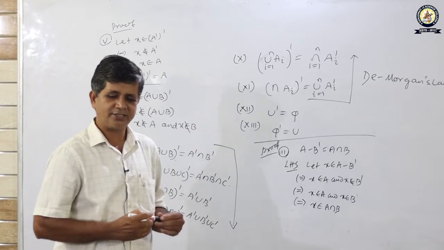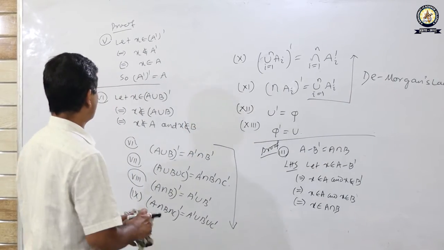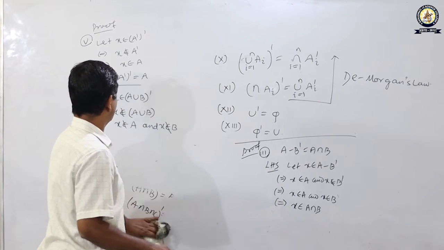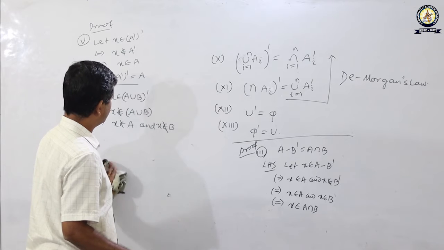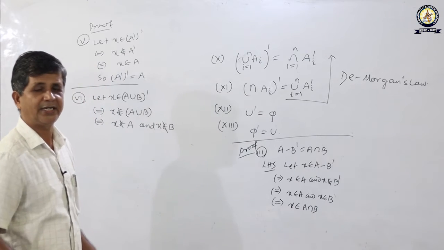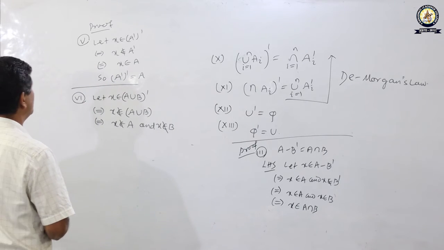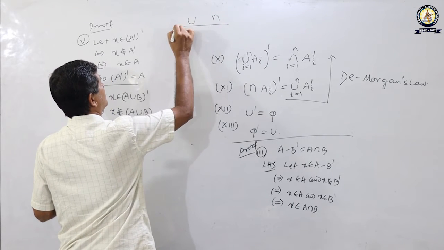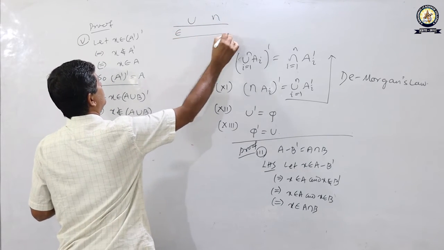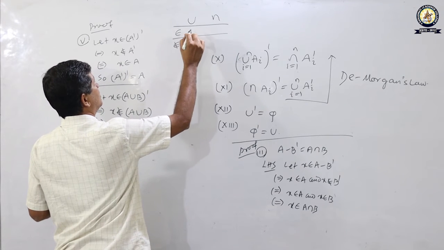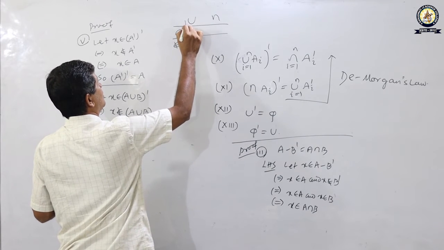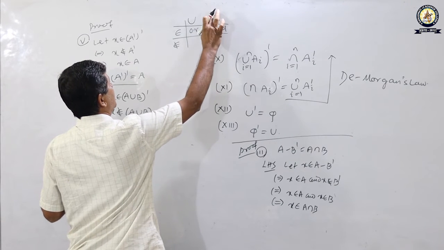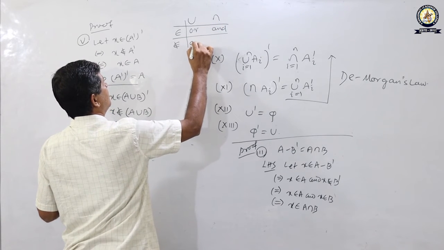Remember, students, that in case of does not belong to, the union symbol goes with and, and intersection goes with or. In case of belongs to, for union we write or and for intersection we write and; here it is the reverse.